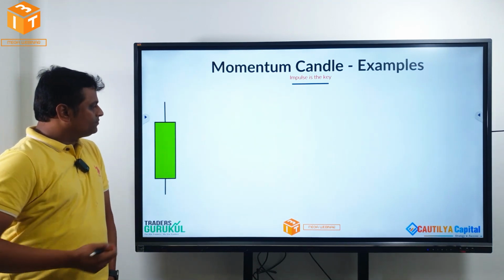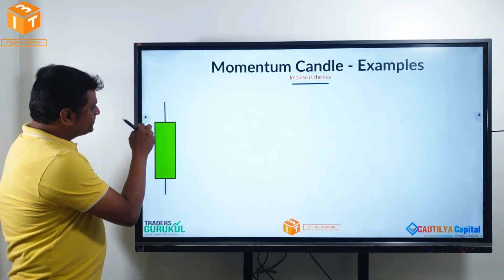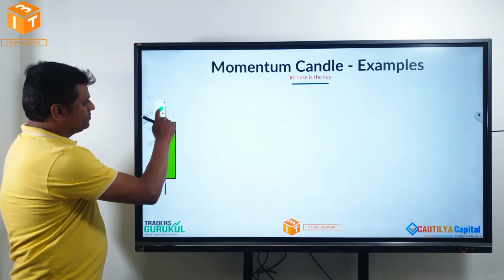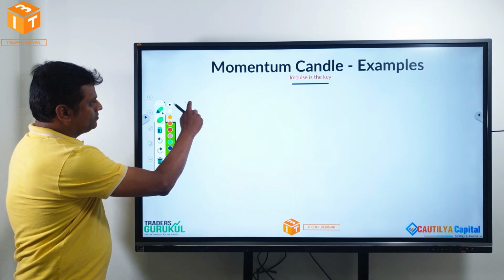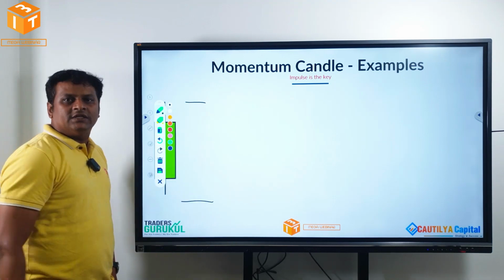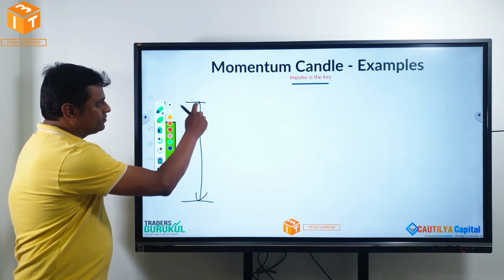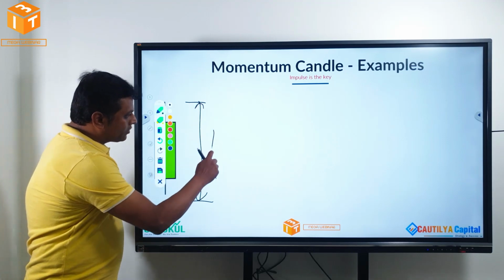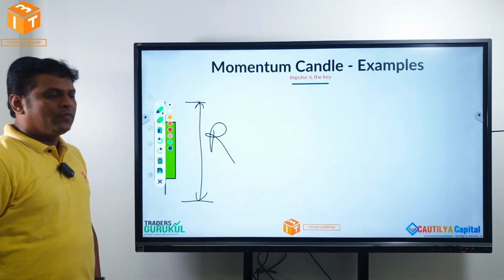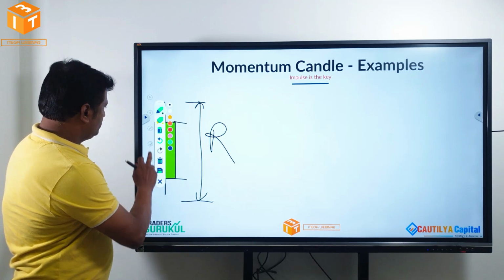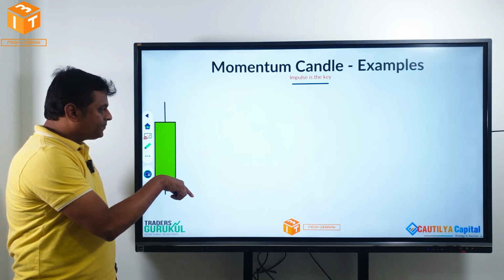Look at this candle. See the total length. The total length is R. What is the length of the body?